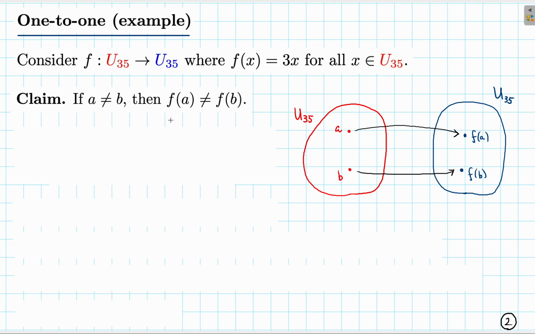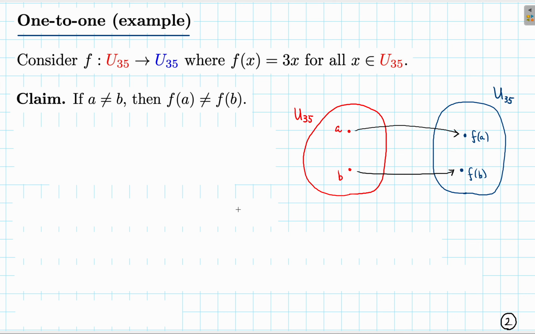So here's a claim that we worked on in the classwork. If a doesn't equal b, if these two inputs are different, then f of a doesn't equal f of b. The corresponding outputs are also different.